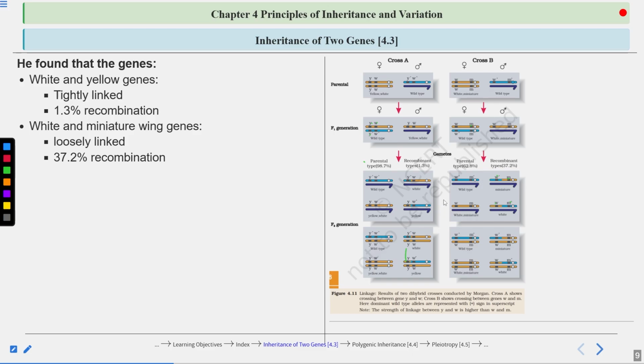Okay. So basically, the thing here to observe is that the parental combination is more in case of cross A. So here genes are tightly linked. In cross B, the recombinants are slightly more as compared to cross A. So here the genes are loosely linked.